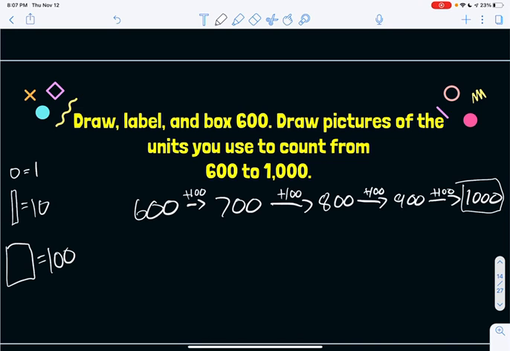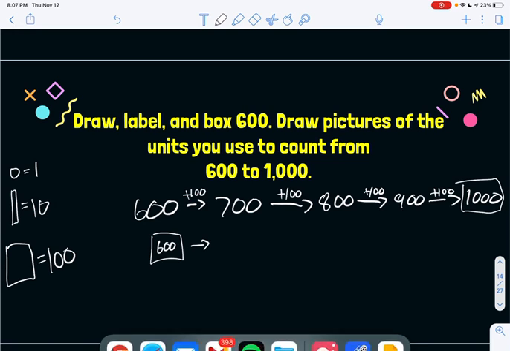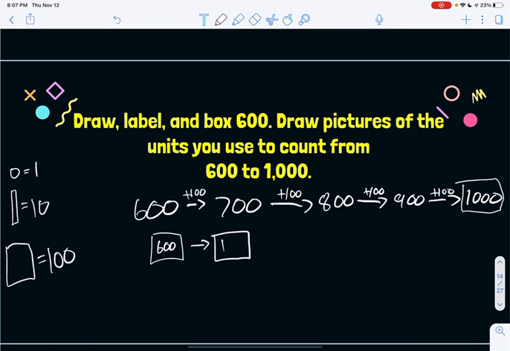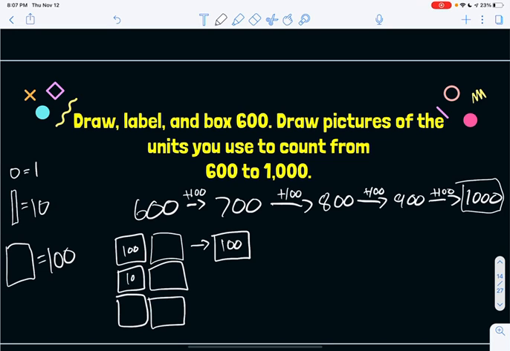And if we want to draw and label a picture, we can start at 600. So this will be our 600. And then we can add 100 pieces to it. Well, for 600 we would need to have more than just one block. We would need to have 6 blocks to be accurate.